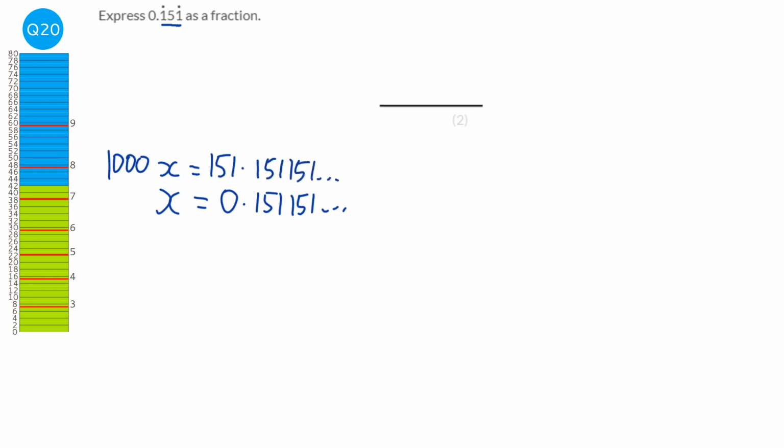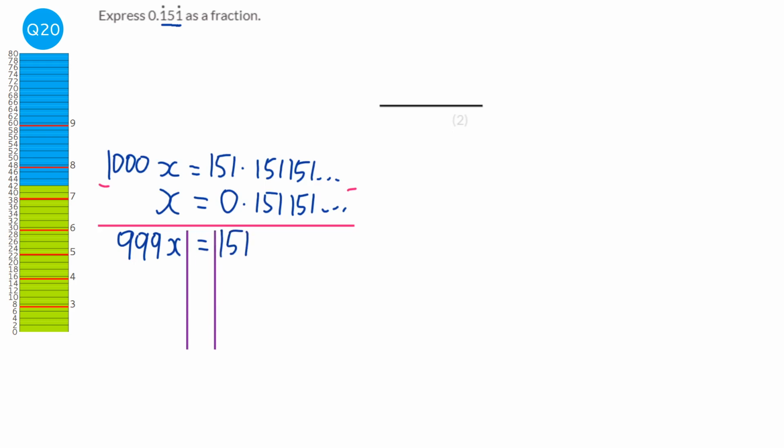151.151.151, blah, blah, blah. What we're going to do now is subtract going downwards. So 1000x take away x would be 999x, and then 151.151.151, etc. take away 0.151.151, etc. will just be 151.